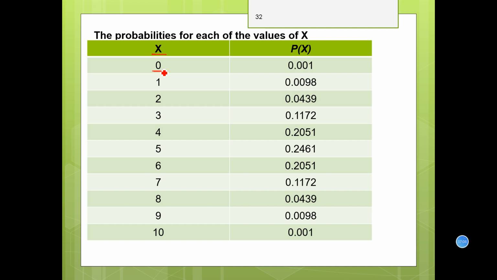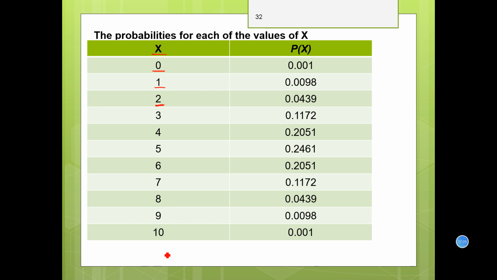And next one, maybe we can get only one head and the rest are all tails, right? Okay, and maybe we can get 2 heads and 8 tails, so x can equal 2, and so on.